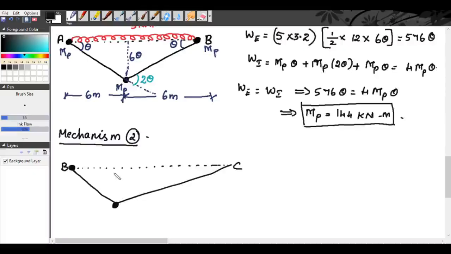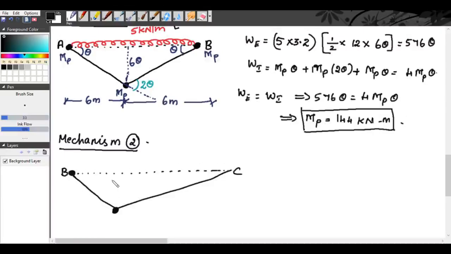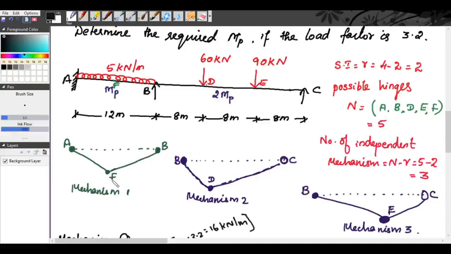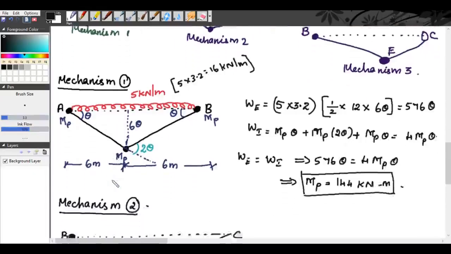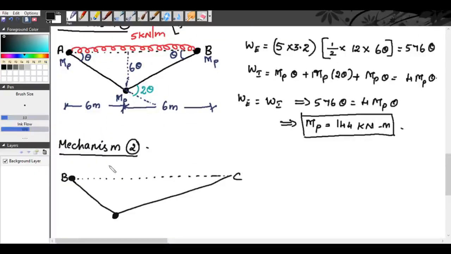So here at D we have 60 kilonewton loading. That is actually 60 into 3.2, which is nothing but 192 kilonewton.